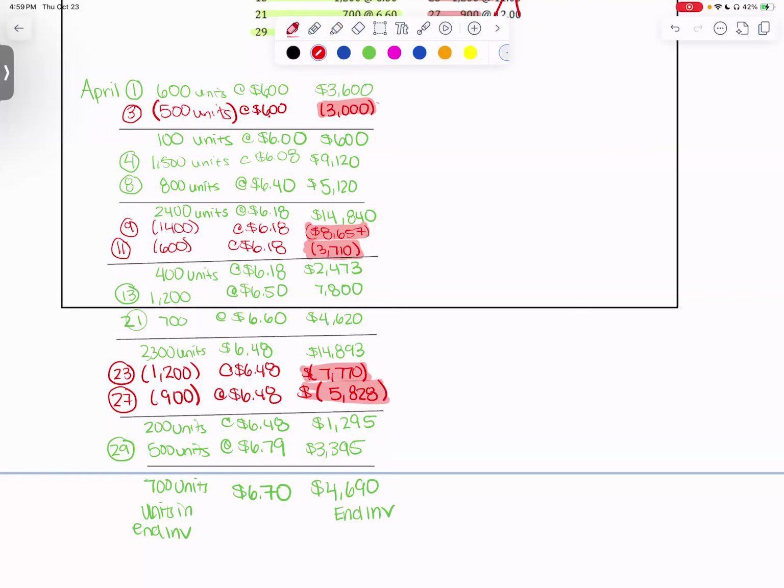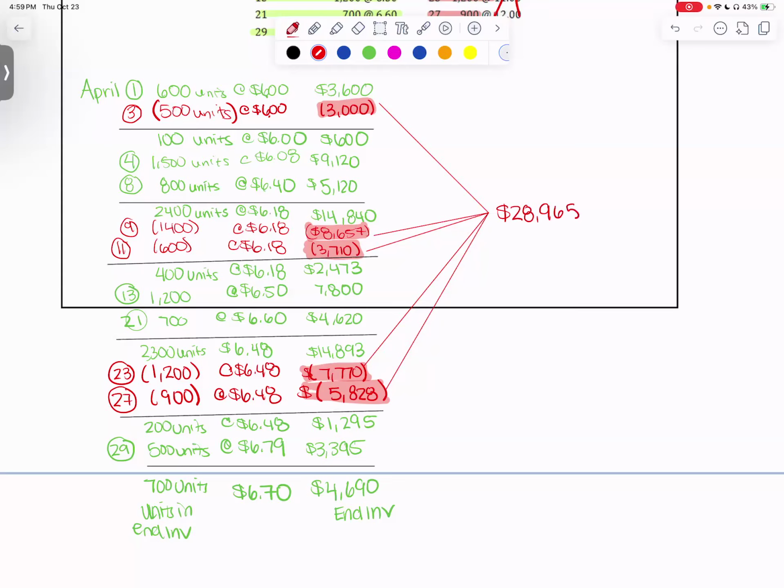If we go ahead and add up all 5 of these cost of goods sold for these 5 different sales. Just give me 1 second. I forgot to add this up ahead of time. We get 28,965.